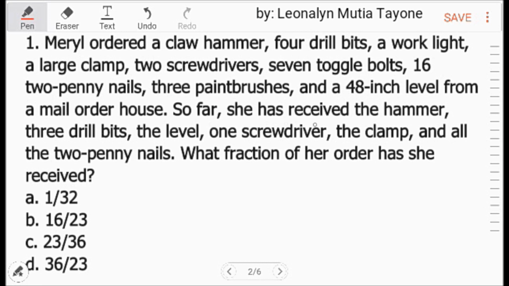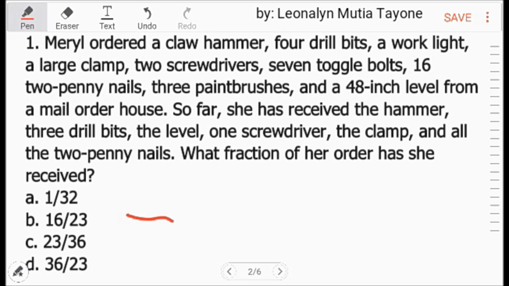So far, she has received the hammer, 3 drill bits, the level, 1 screwdriver, the clamp, and all the 2-penny nails. What fraction of her order has she received?